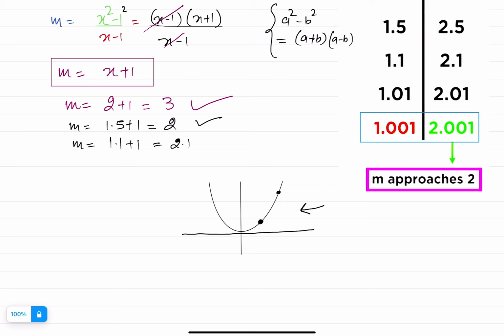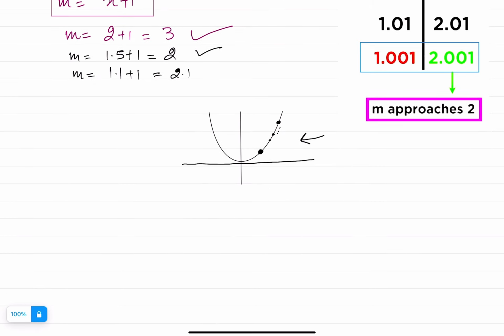First it was here, then you're coming closer, then here, then here, coming closer. But in the second part, what we need to do is approach the point 1 comma 1 from the left side. First from here, then here, then here.